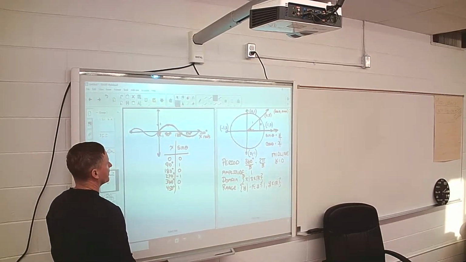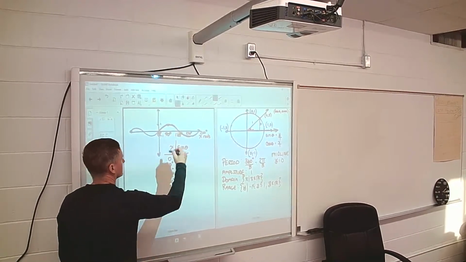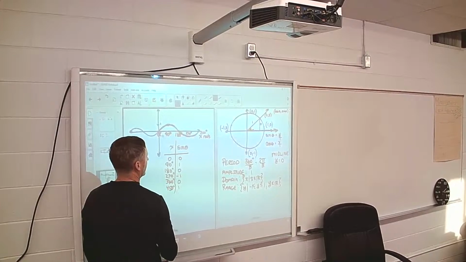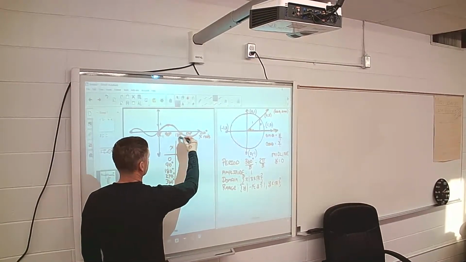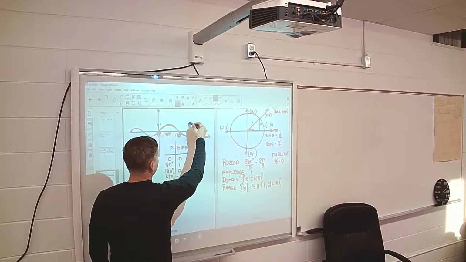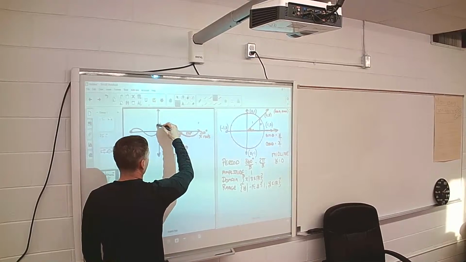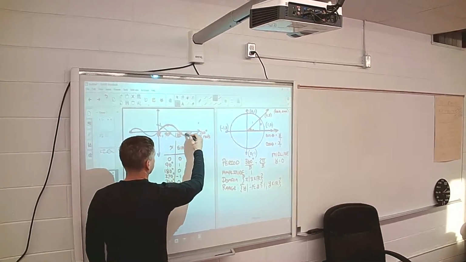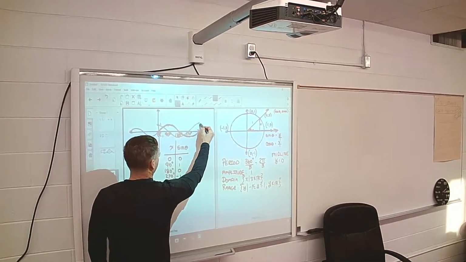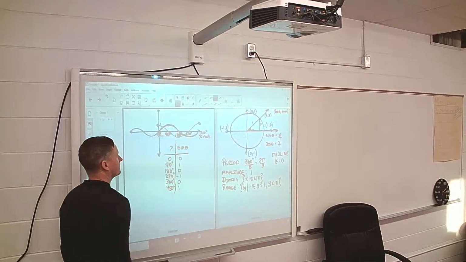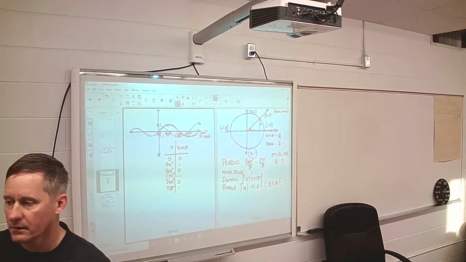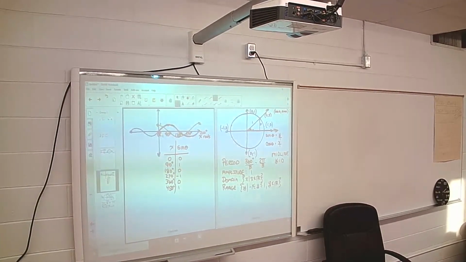At 90 degrees, what is the cosine value? 0. At 180, -1. 270, 0. 360, 1. The cosine graph looks like this, and it goes forever as well. The cosine is the x value of that graph.